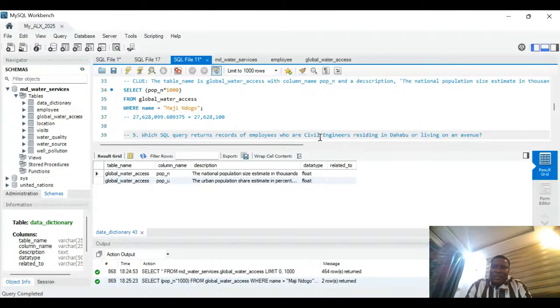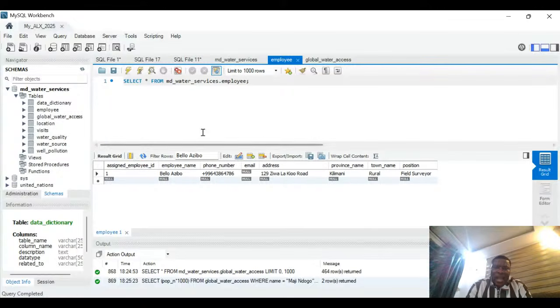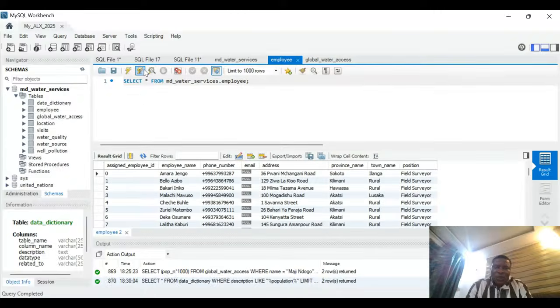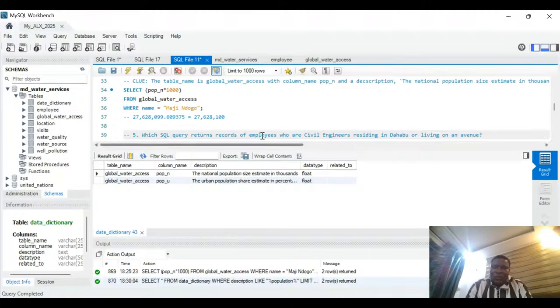This data we can find in the employee table. Let me execute this query again. You can see we have employee name, address, province, town, and their position. So if we go back, we'll see that the right table to query is our employee table.